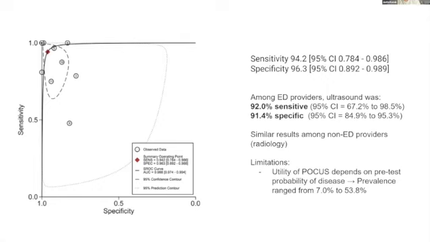So the prevalence in these studies ranged quite a bit, from 7% to 53%. They broke it into patients in the emergency department versus not, and also into ED providers versus radiologists doing the POCUS, all finding that POCUS was over 90% sensitive and specific for retinal detachment.